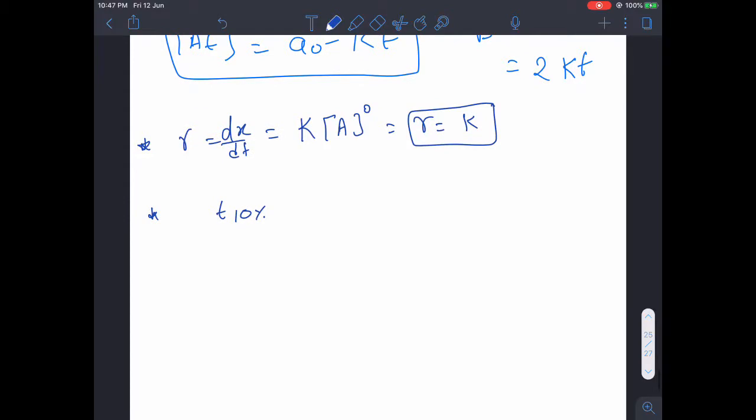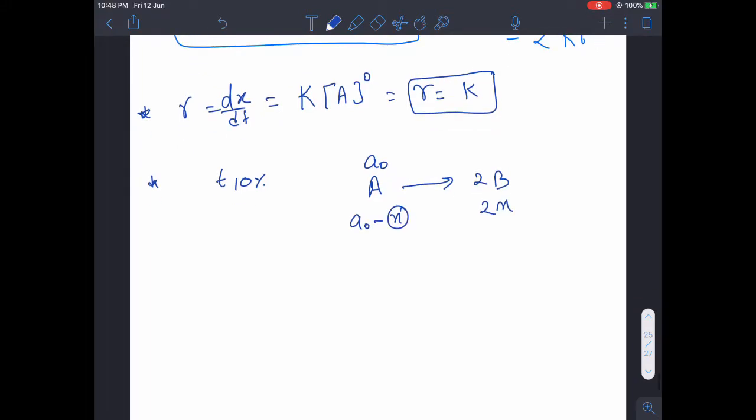What is the meaning of 10%? First of all, understand. My reaction was A consuming and giving B, initially it was A naught, minus x, where x is the consumed amount. So, guys, T 10% means the time when A is consumed to be 10%.